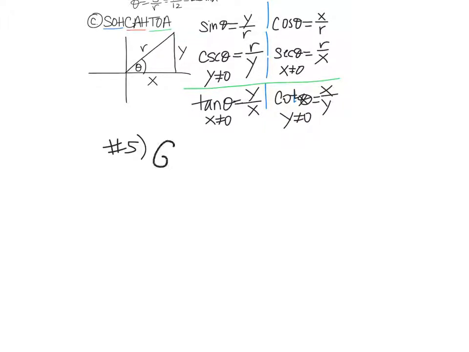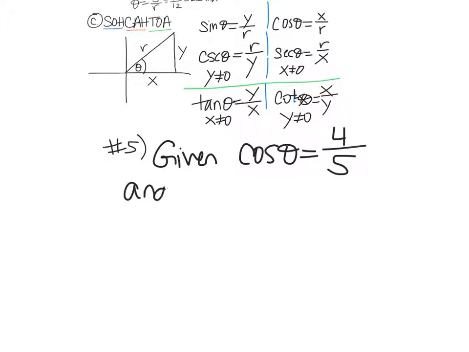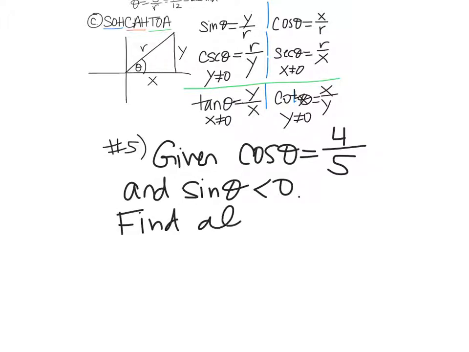All right, here we go. Given that the cosine of theta is 4/5, we're told this, and that the sine of that angle theta is less than 0, we're going to find all 6 trig functions of that angle.